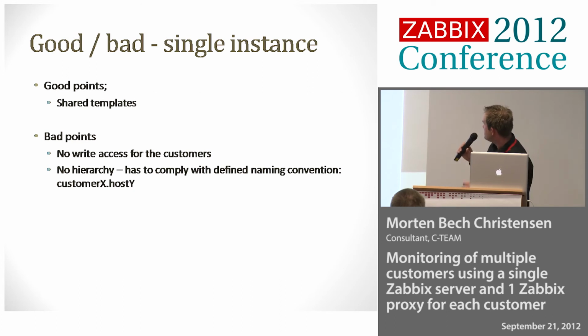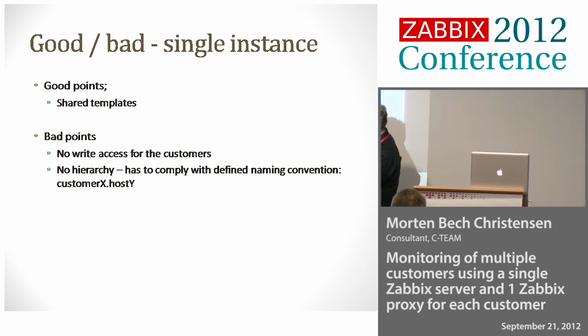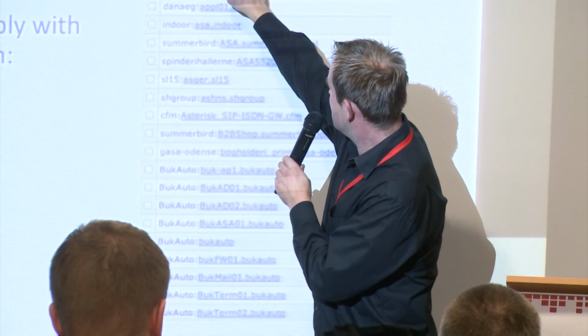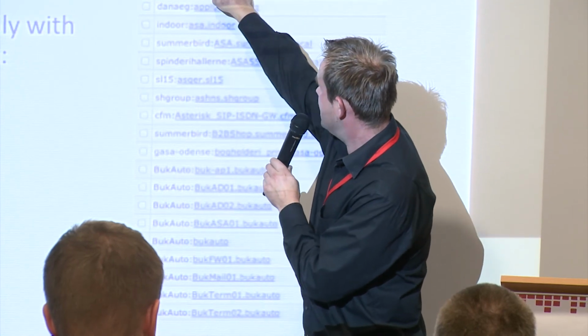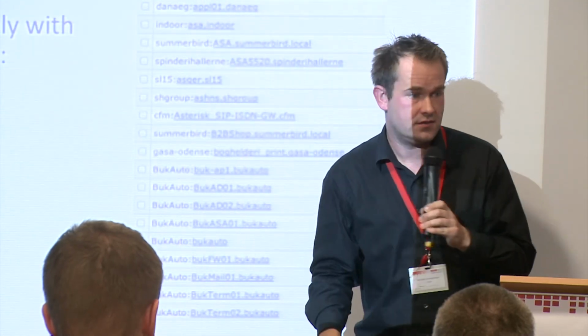I don't know if you can see it, but the customer name has to be in the back, sorry, and the server name in the front, and then with a dot in the middle. Ensuring that you don't have 10 firewalls, because that's not allowed. I would have liked to see some hierarchy or some containers within Zabbix.